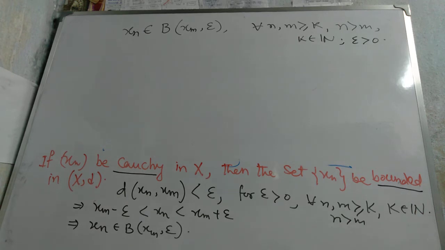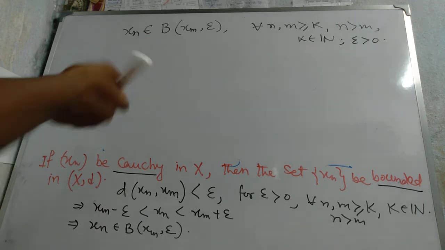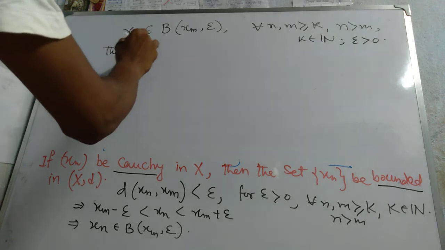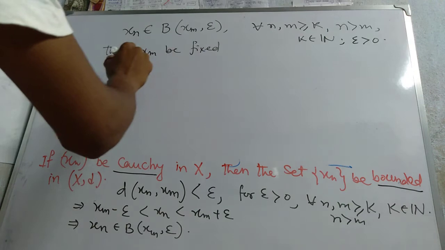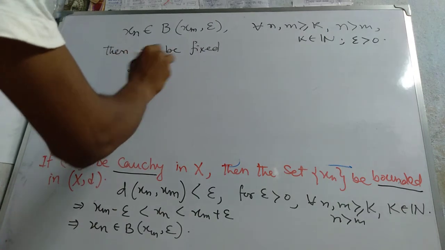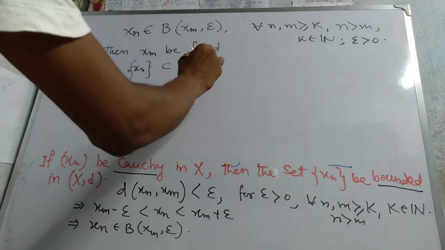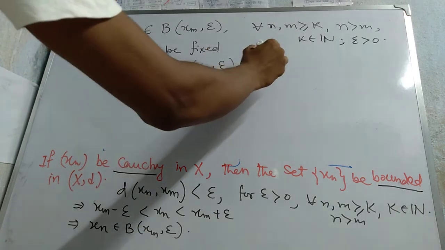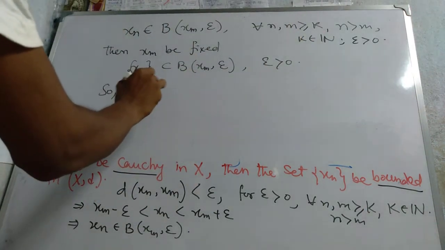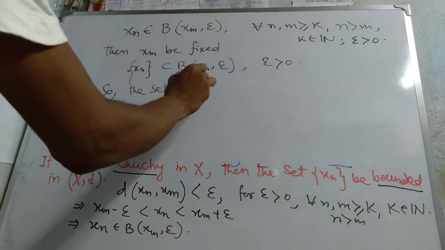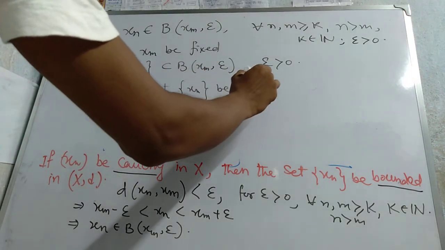Then the set xn is bounded. Then let xm be fixed, so the set xn is a subset of B(xm, epsilon) with epsilon greater than 0. So the set xn is bounded.